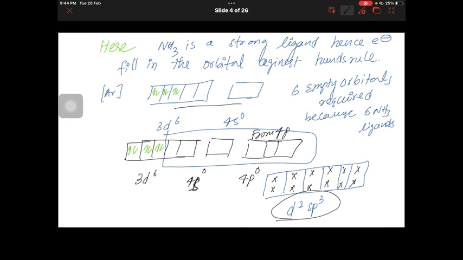So now hybridization, geometry, magnetic property. Hybridization d2sp3.